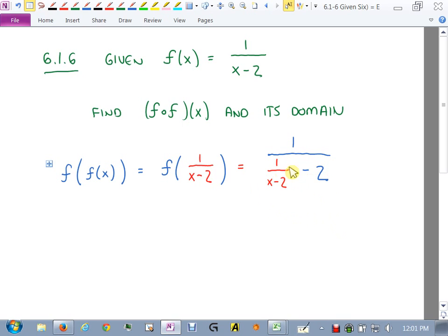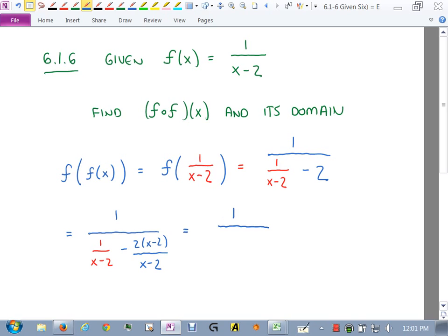So get a common denominator between these two. I'm going to try and write this all in one line without having to do scratch work on the side. Rewriting this is 1 over x minus 2. I'm going to rewrite the 2 as 2 times x minus 2 over x minus 2. So I introduce next to this 2 on the top and bottom an x minus 2 so that these would have the same denominators.